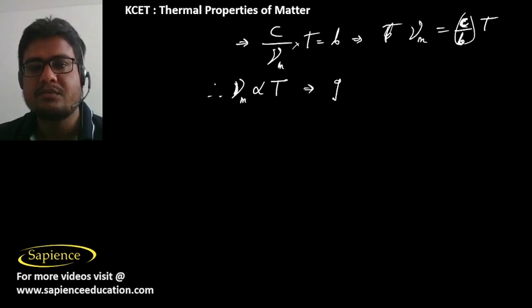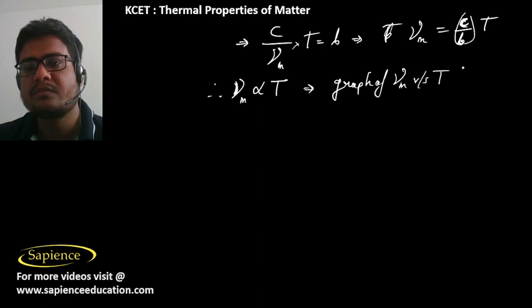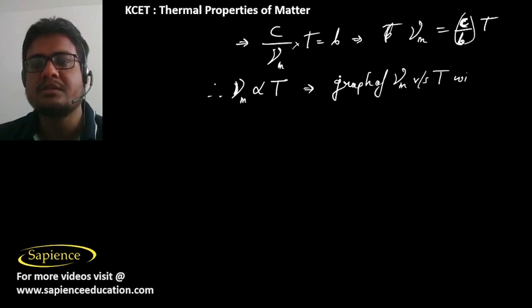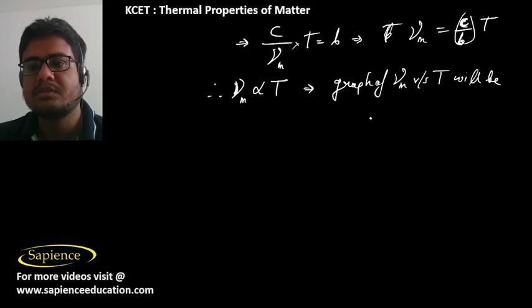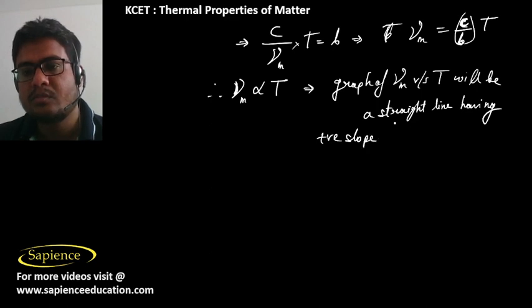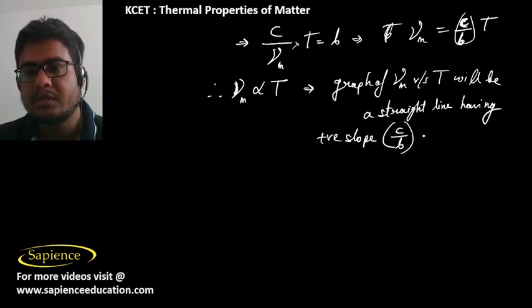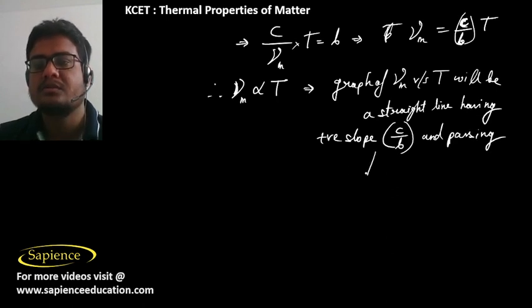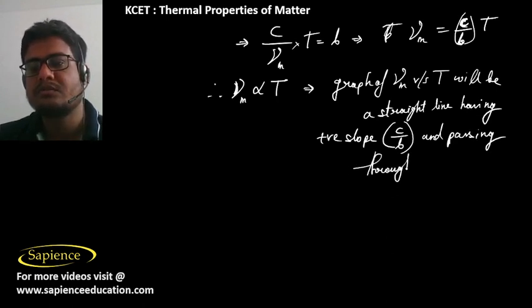So it means the graph of nu m versus T will be a straight line having positive slope, which is c by b, and passing through the origin.